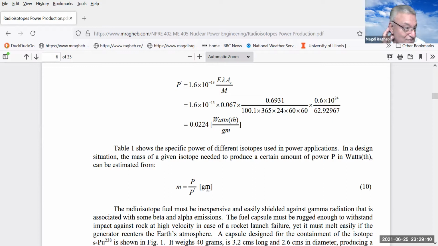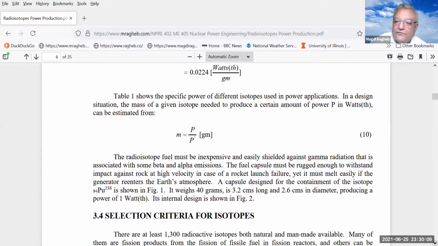So the design equation is extremely simple. The mass of the isotope to produce a certain amount of power is the thermal power that you need divided by the specific power of the isotope, the equation that we spent some time deriving today. Very simple design equation.